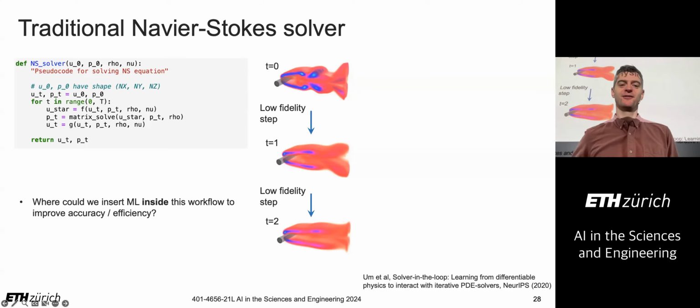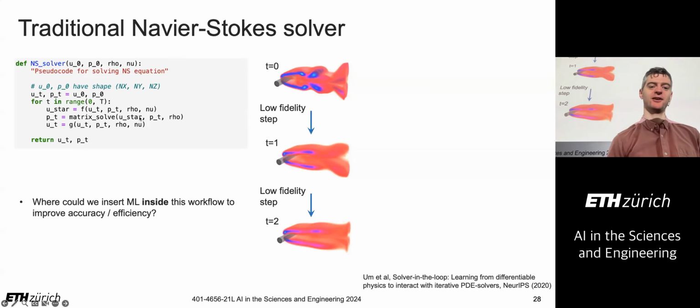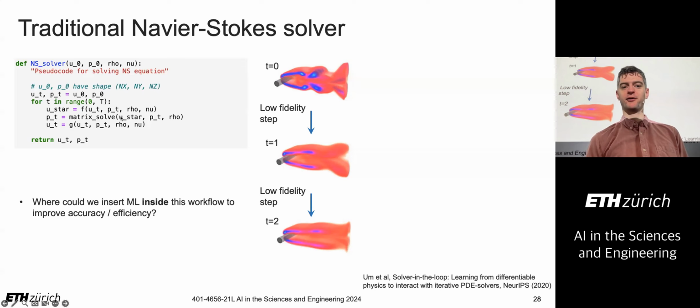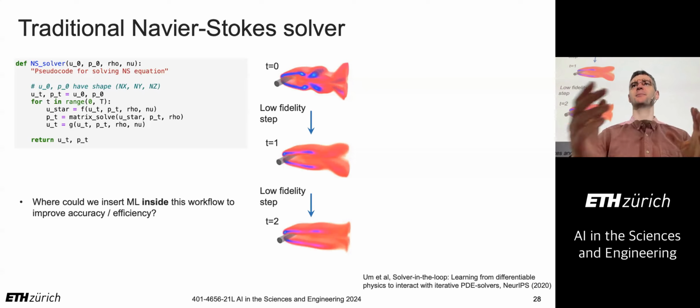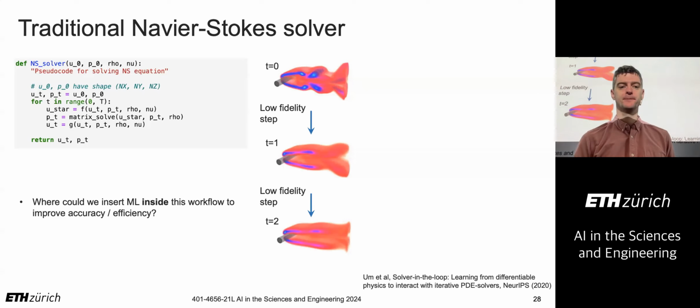Yep. Really good idea. So the slowest part of this algorithm by far is this matrix solve. So if the simulation has n points in the mesh, that matrix, if it's fully populated, can be n squared. And that's really not scalable. It takes a huge amount of compute to invert that massive matrix, which is what you essentially have to do.